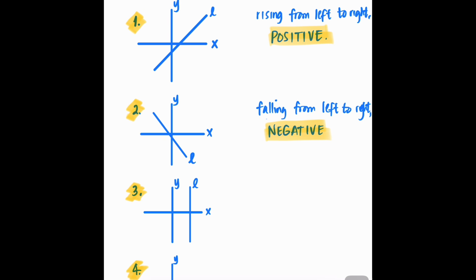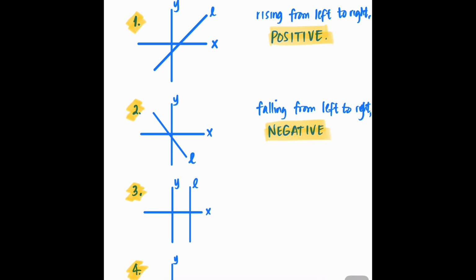So keyword: fall from left to right. So you have negative slope right there. So imagine you are at the top of a hill and you're going down from up. So you're going downhill. So that's negative slope.